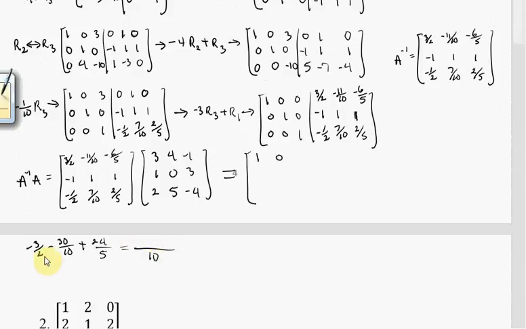So we get 5 times negative 3, negative 15, minus 30, plus here 48.